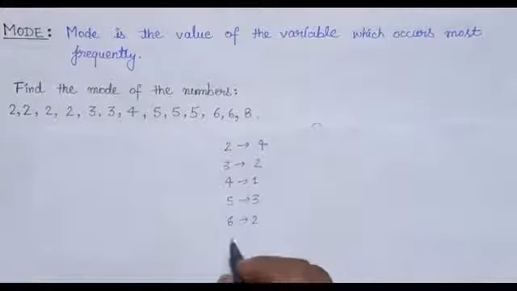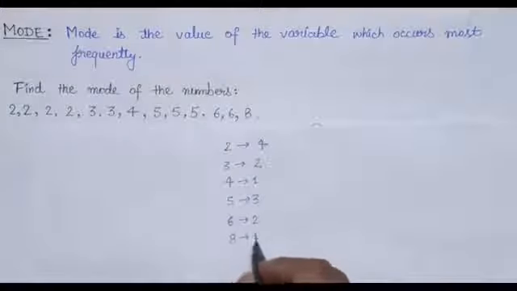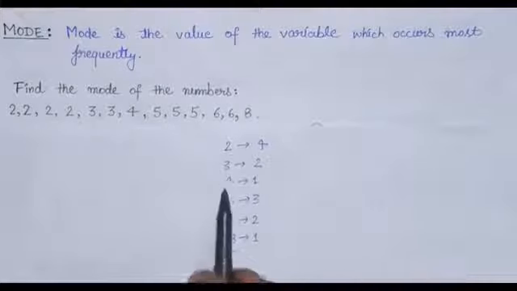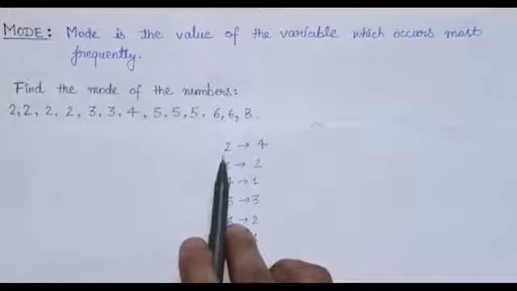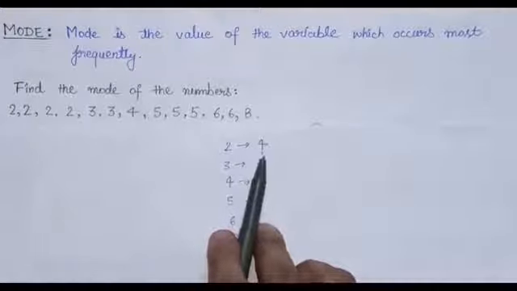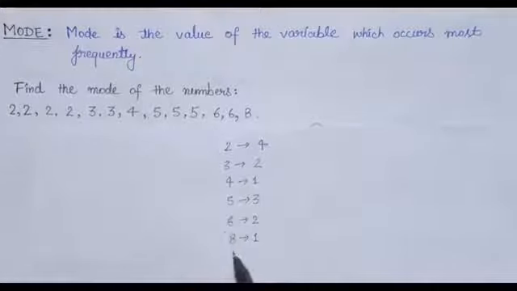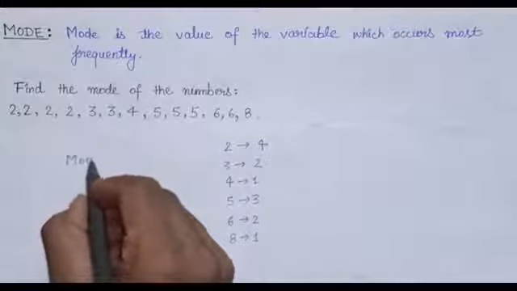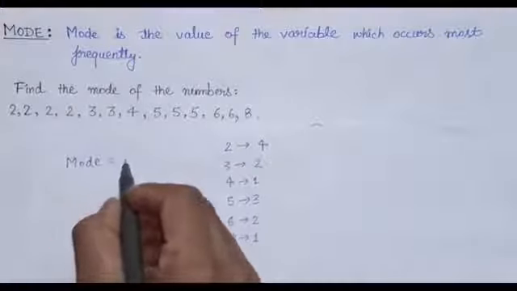And 8 has occurred 1 time. So out of these observations, 2 has occurred the most number of times, that is 4. That's why we can say that the mode of this given data is equal to 2.